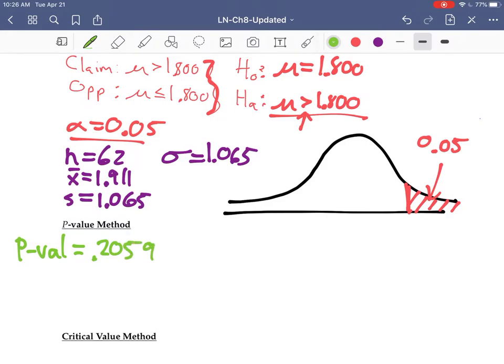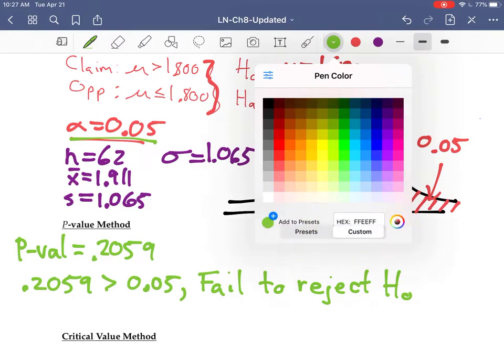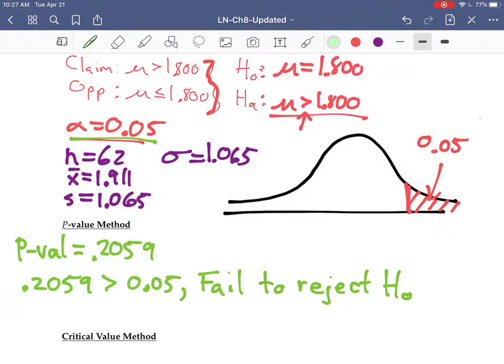We compare that p-value to the significance level. If the p-value is high, the null will fly, so we fail to reject the null hypothesis. So what has happened here is we have this p-value of 0.2059.